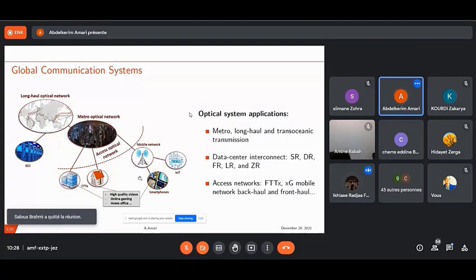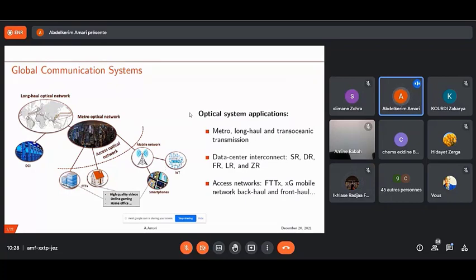They're also used for access optical networks, with passive optical networks as backhaul for fiber to the home and fiber to the enterprise technology, and also fronthaul for current generation 4G and next generation 5G mobile networks.